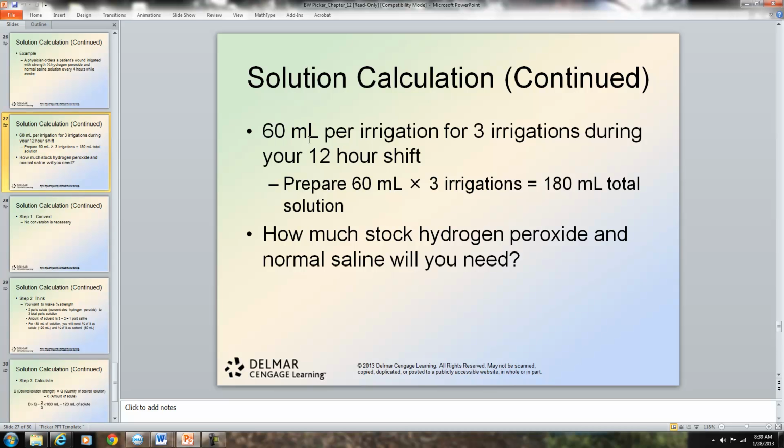So you have 60 milliliters per irrigation for 3 irrigations during your 12-hour shift. If you have to use 60 milliliters per irrigation and you have to do 3, you're going to need 180 milliliters of the solution. So how much stock hydrogen peroxide and normal saline will you need to order from the pharmacy?